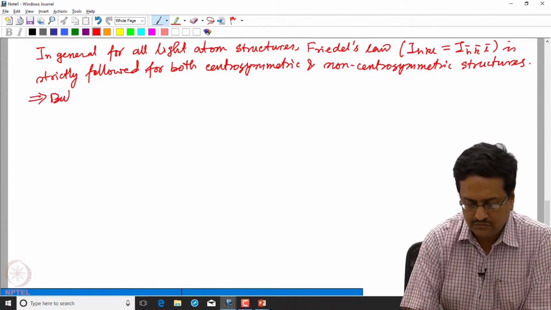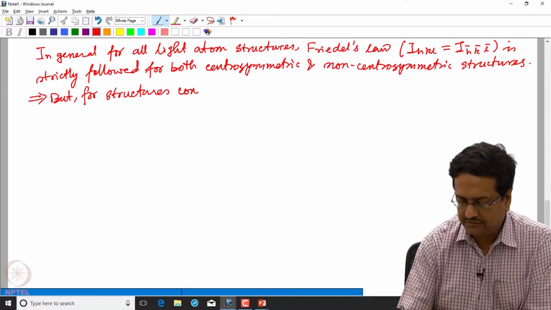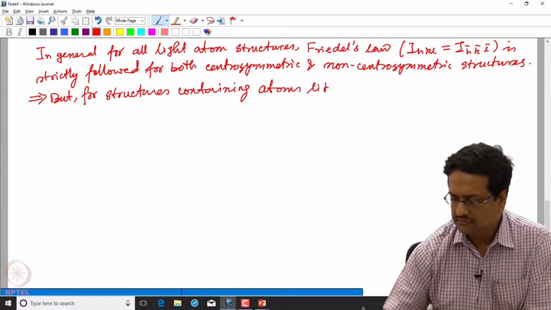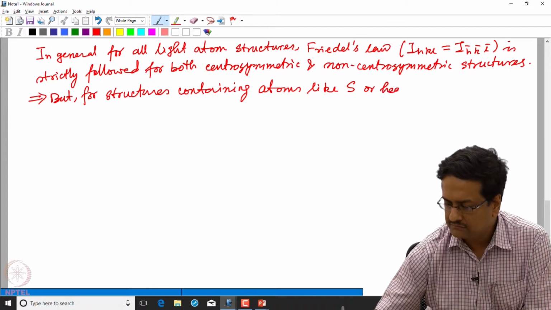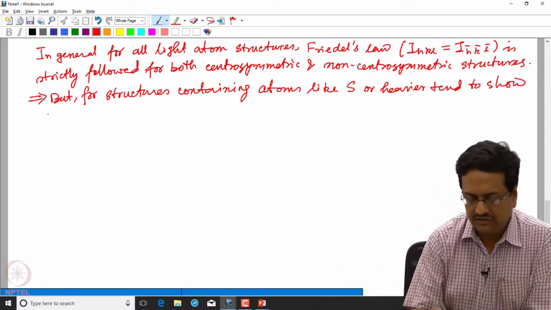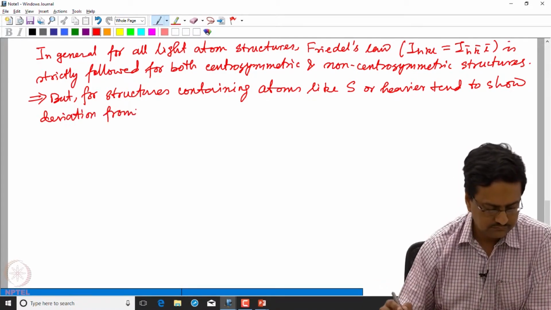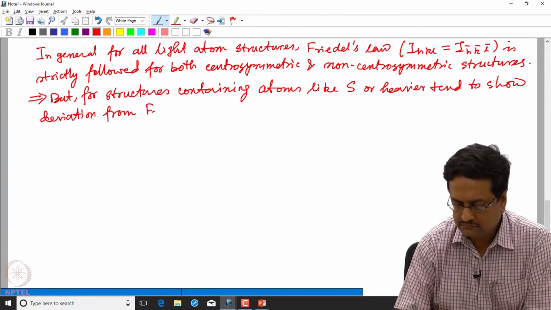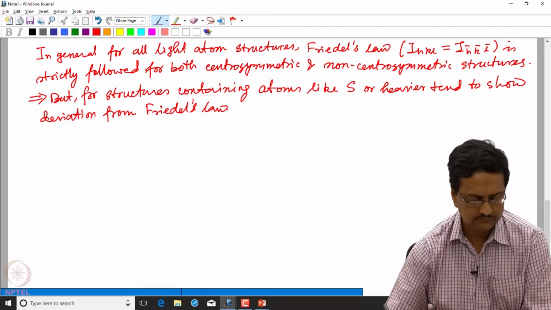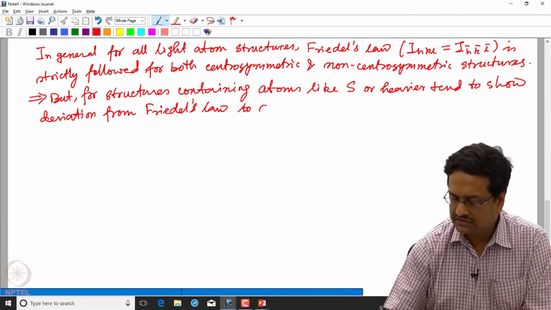But for structures containing atoms like sulfur or heavier, they tend to show deviation from Friedel's law to some extent.